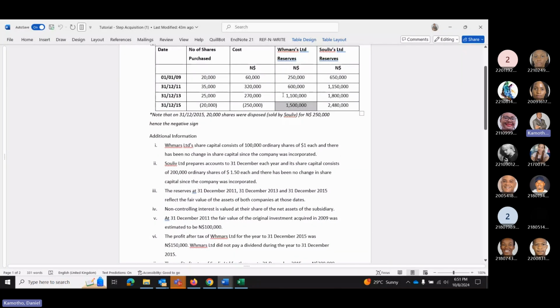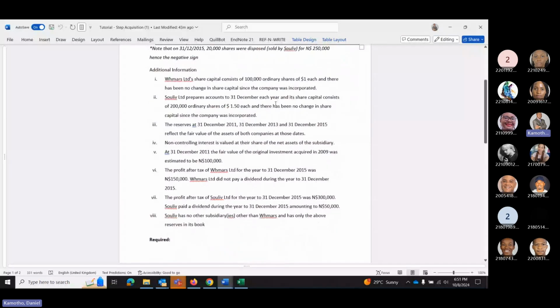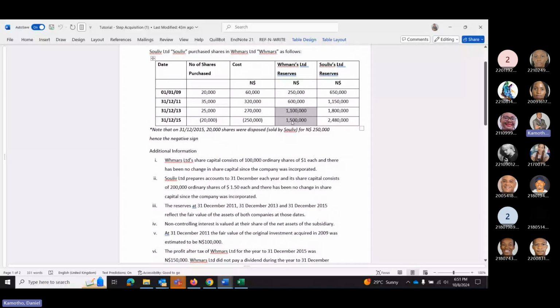So from 1.1 to 1.5 is ideally 2 years. But 1 year is prior year, the other year is current year. We want to split. So we have been told there is 150 in this year, and therefore we can work out what the balance is for up to 2014. If we remove 150 from 1,500, it gives us 1,350.